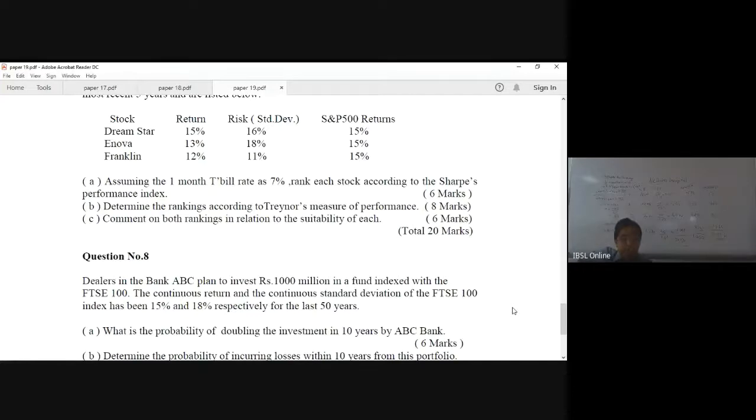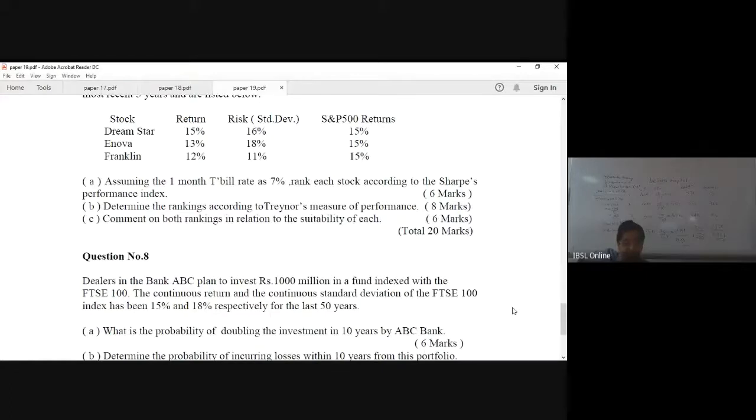Suitability comes now for these types of stocks; stocks are all risky assets. But for another type of asset, like treasury bonds or corporate bonds or other fixed income securities, the ranking is normally done through Sharpe's performance index. So you have to write that as a comment.